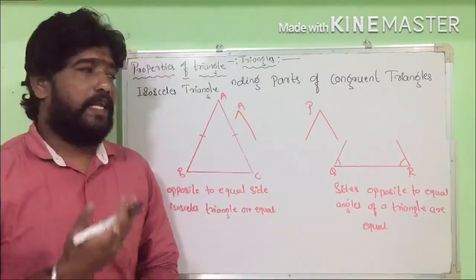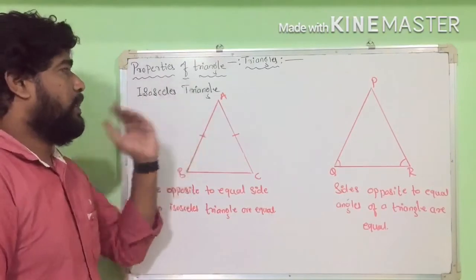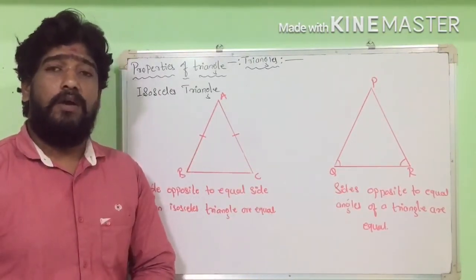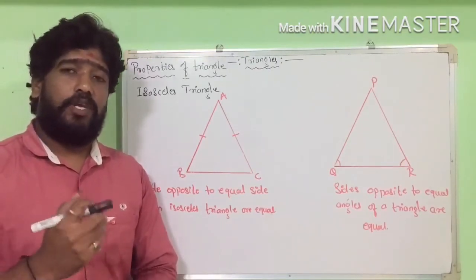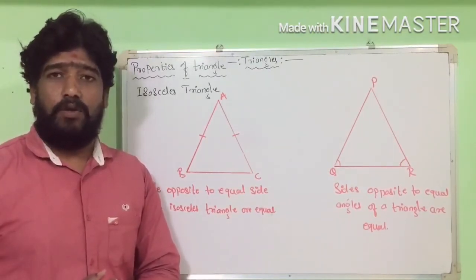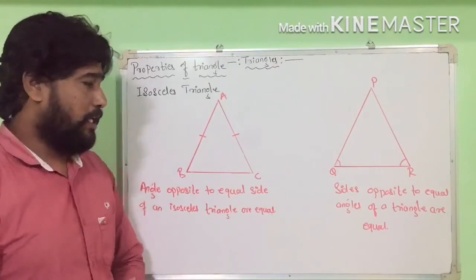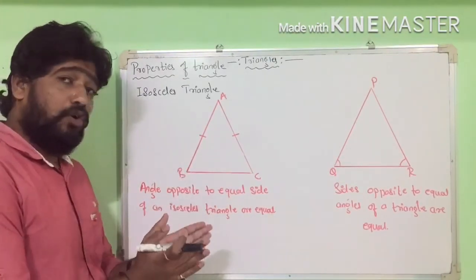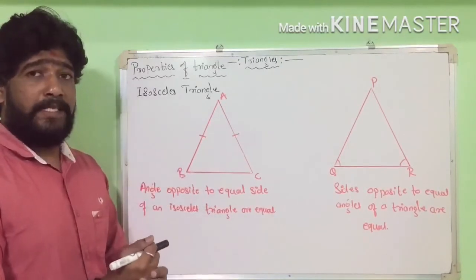Well students, the next concept is properties of a triangle. So first one, isosceles triangle. So already we know what is an isosceles triangle. In a triangle, if two sides are equal, it is an isosceles triangle. So here, what they said here, in an isosceles triangle, the equal sides' opposite angles are equal.